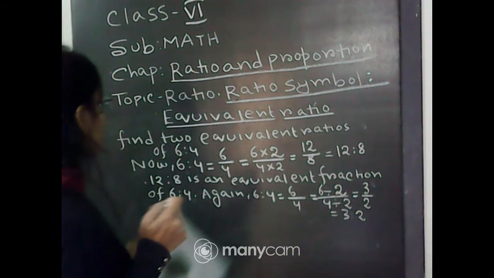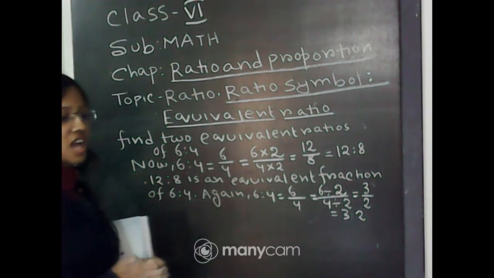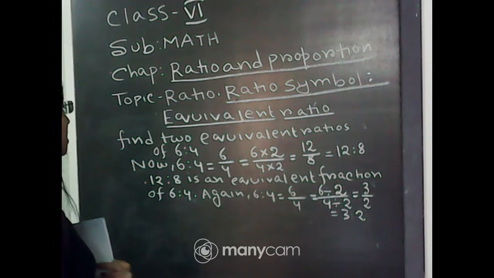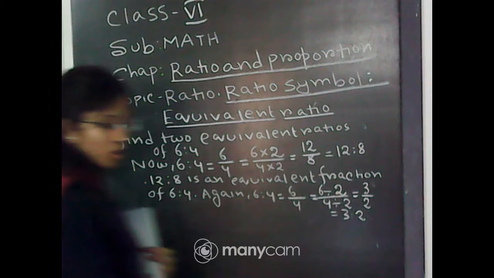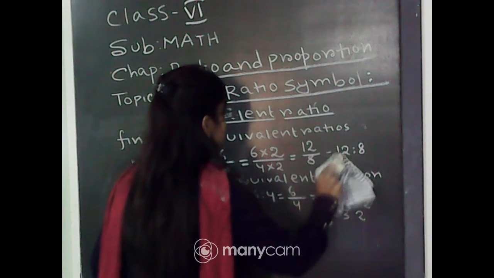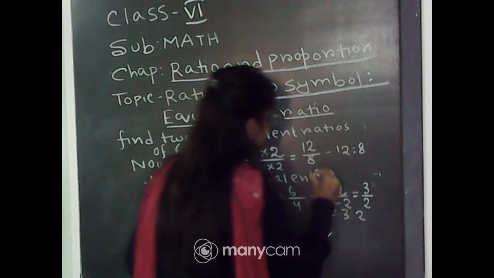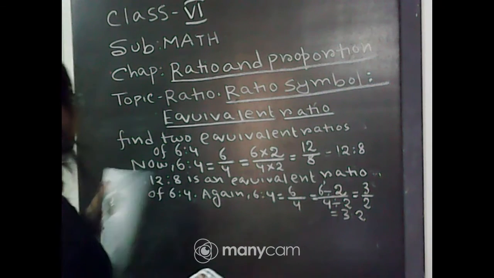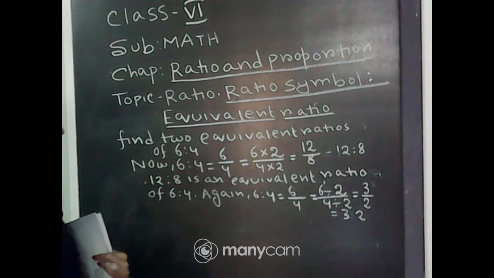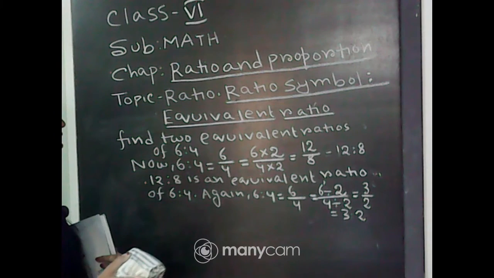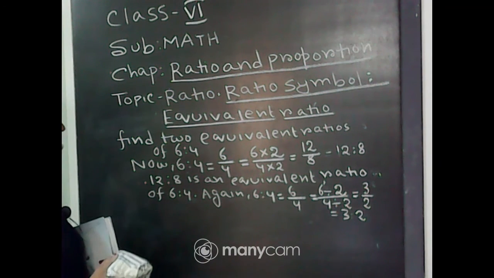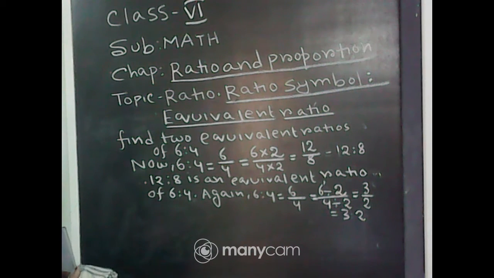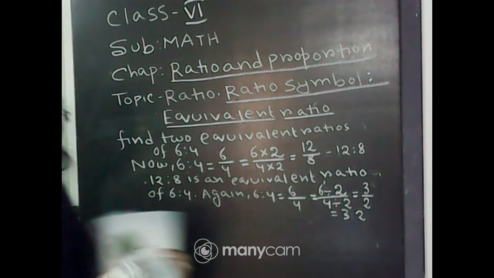Therefore, 3 is to 2 is another equivalent ratio of 6 is to 4. 12 is to 8 is an equivalent ratio of 6 is to 4.